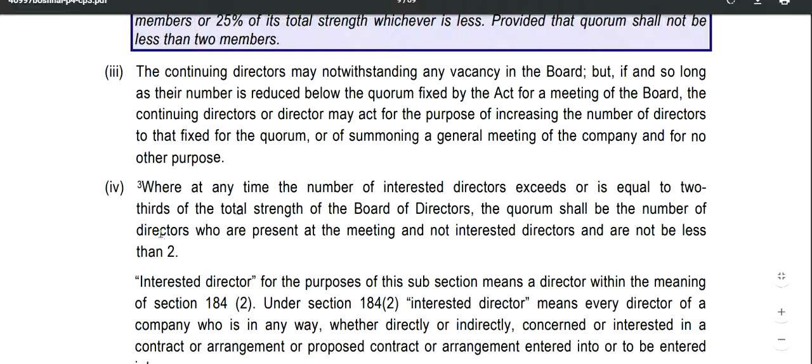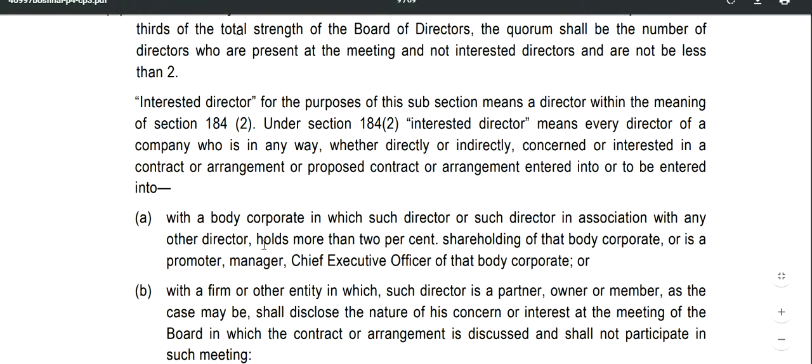Quorum shall be the number of directors who are present at the meeting and not interested, and they shall not be less than 2. Interested director for the purpose of this subsection means a director within the meaning of section 184 subsection 2.